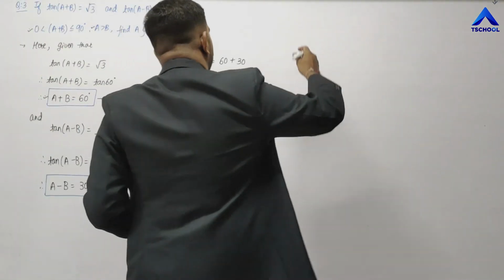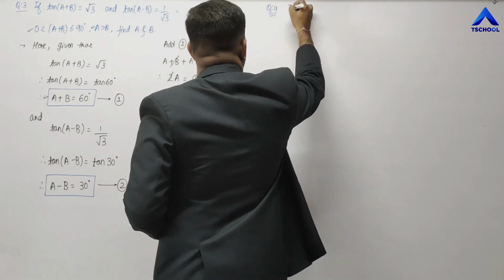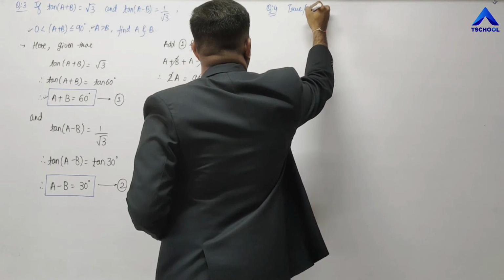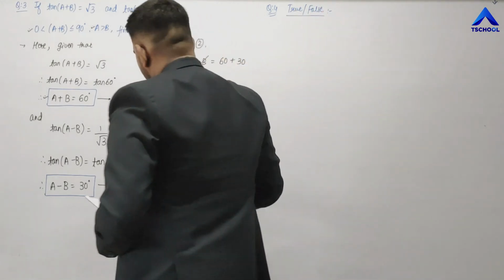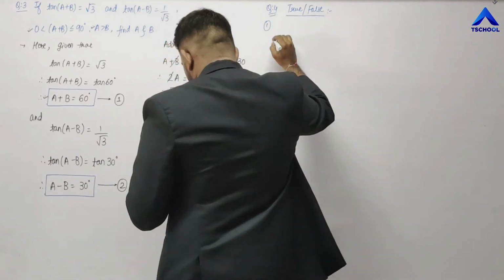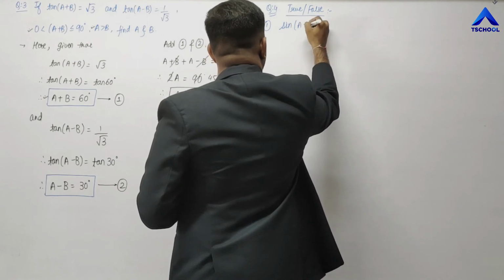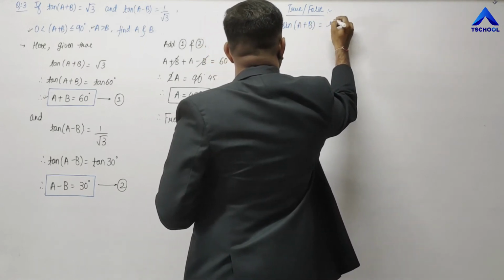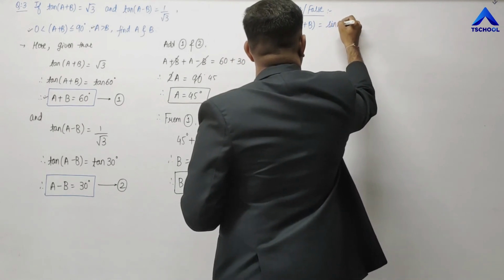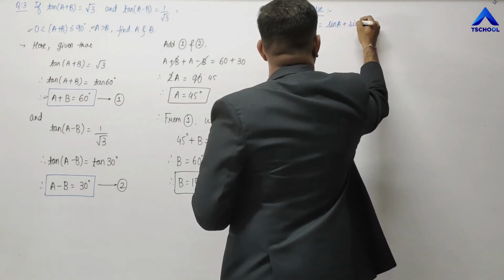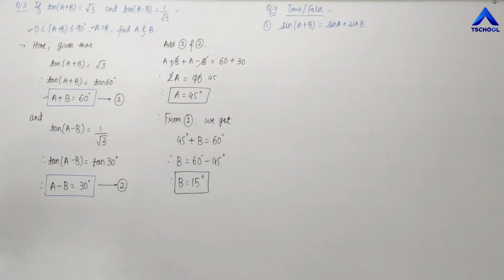Now, in the next part, they are true or false. Let us see the first one. Sine(A plus B) is equal to sine A plus sine B. Is the statement true or false?